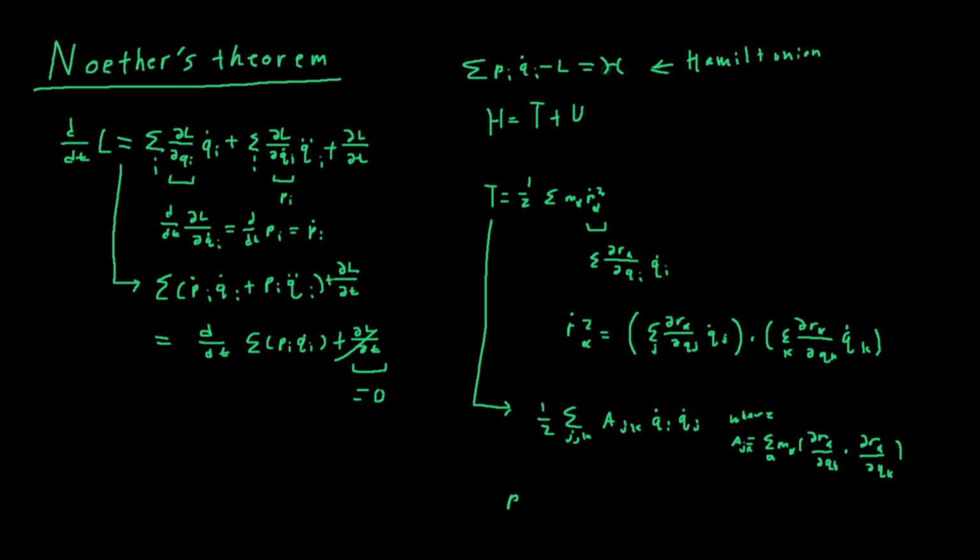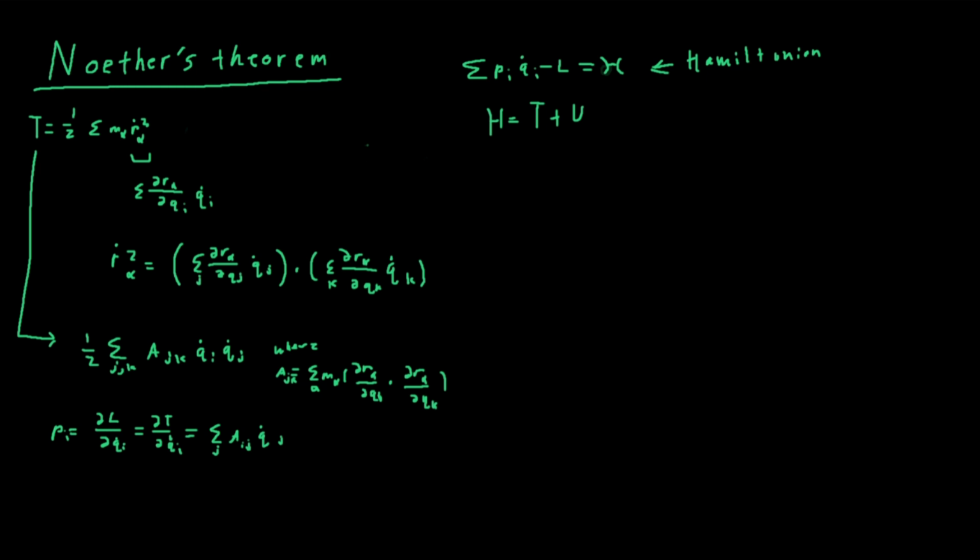So we have p_i equals partial L over partial q prime_i, equals partial T over partial q prime_i, which is just equal to the sum over the j's of a_ij q prime_j.